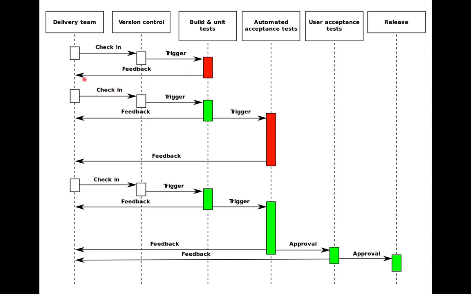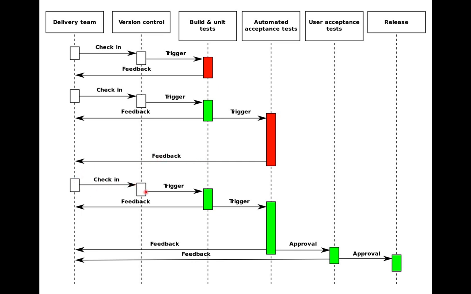So this developer got feedback, they pushed in another change, and in this case, it did pass the build and unit testing stage, and it moved on to the automated acceptance tests, and it failed there. So then the developer once again made changes.